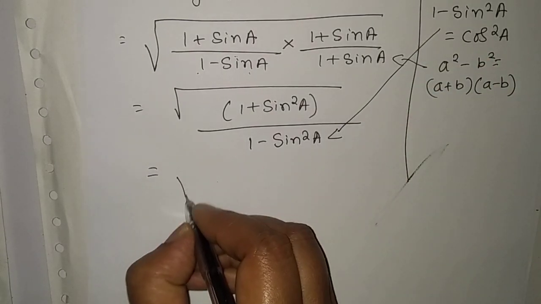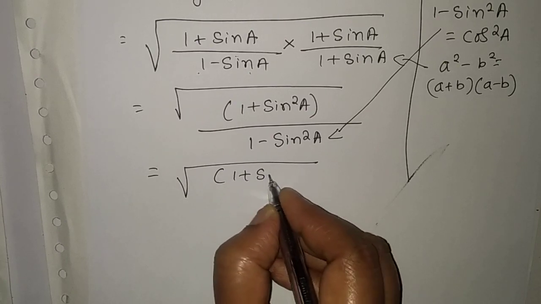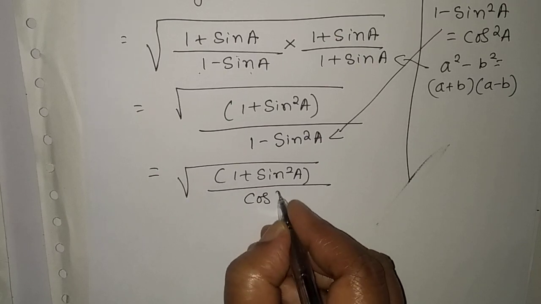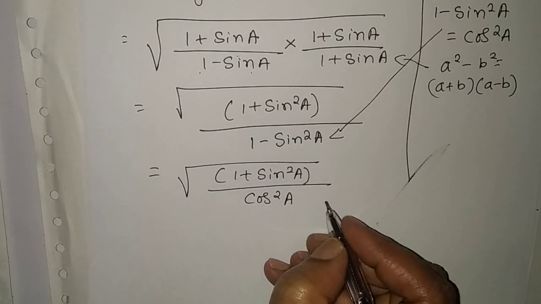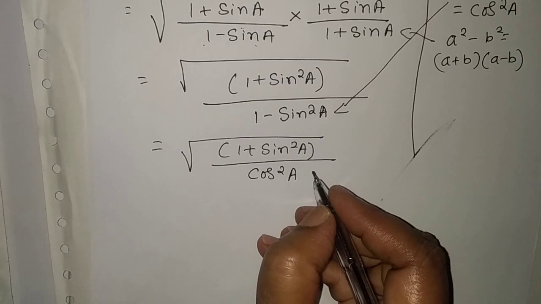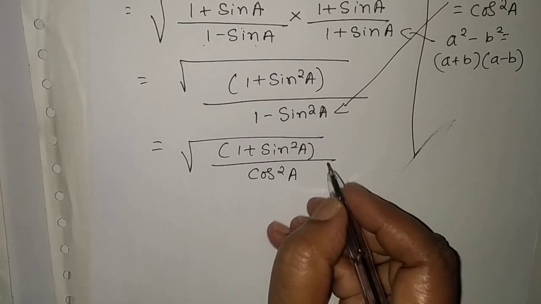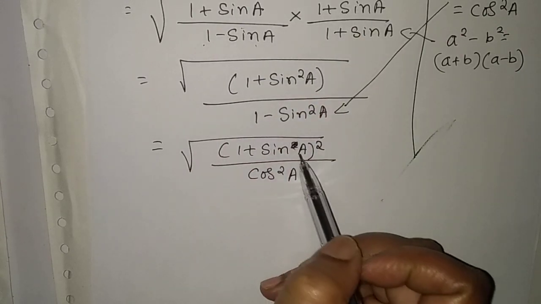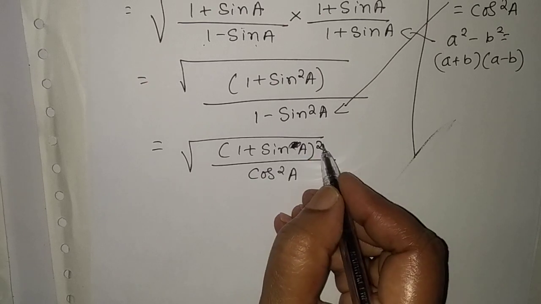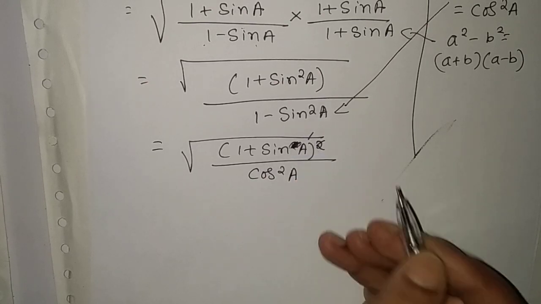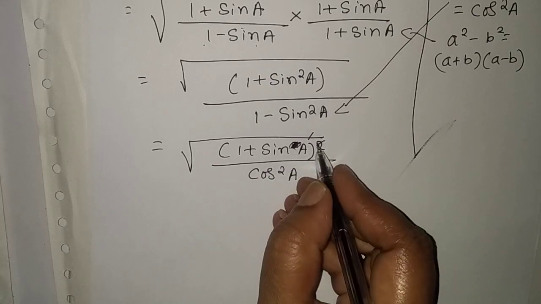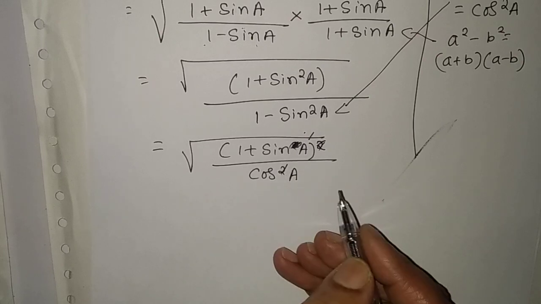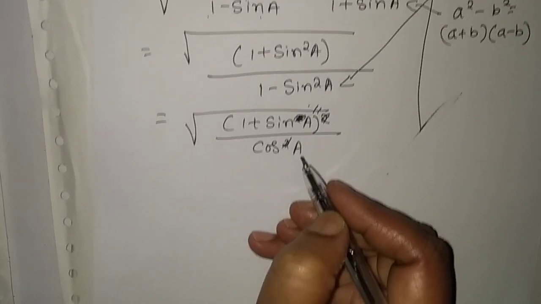So square root of (1 plus sin A) square by cos square A. So now this square is outside, because (1 plus sin A) whole square will be outside, not inside. Then here this square cancels. Removing the square root means cancelling this, and again this square and this square root cancel.